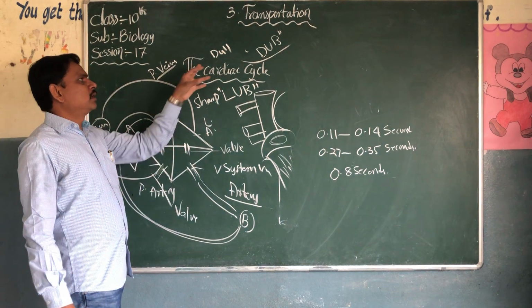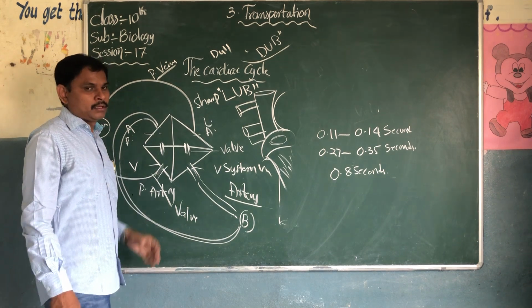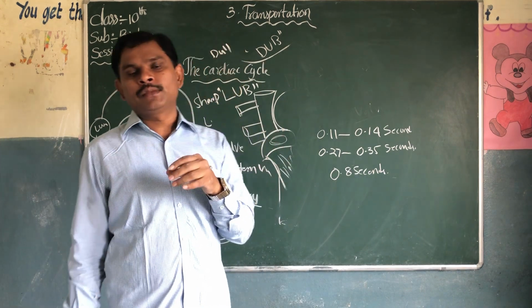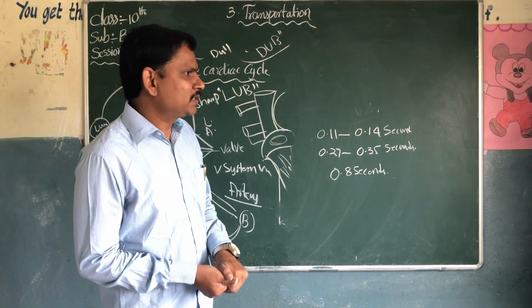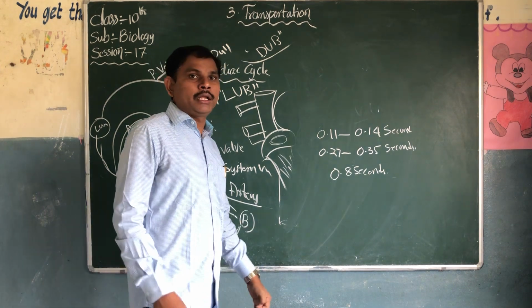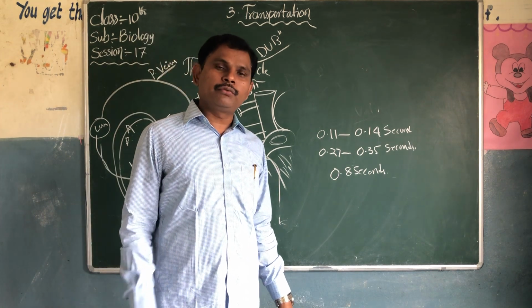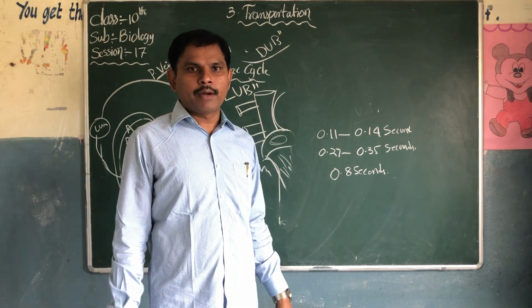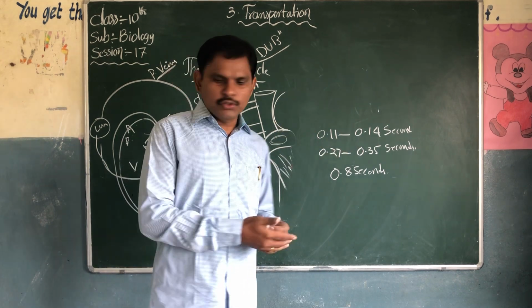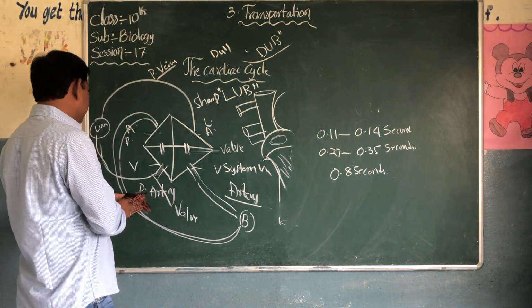You can hear a dull sound, that is dub. It is lub and dub, systolic and diastolic. The blood pressure is normally 120 mm of mercury over 80, 120 by 80, systole and diastole. So this is about the cardiac cycle.